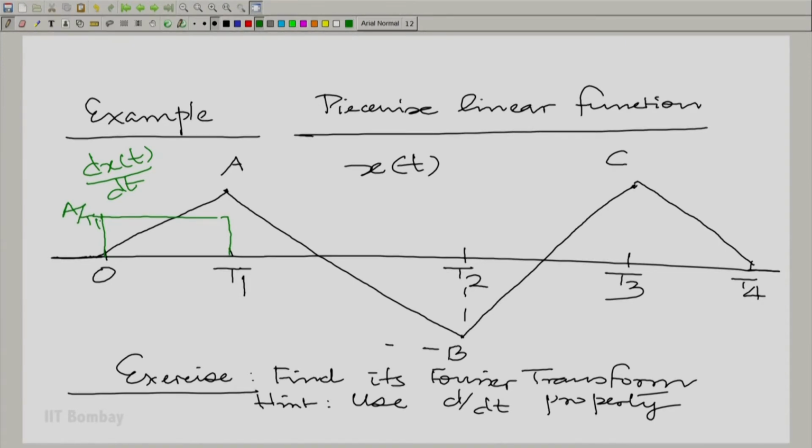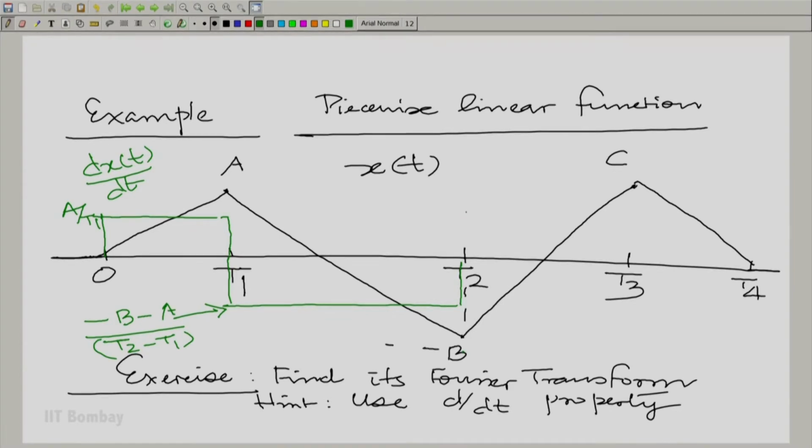Here this falls from a to minus b over an interval of t2 minus t1. So, you need a negative pulse here, and the height of this negative pulse is, well, you can say minus b minus a. You see, it reaches minus b from a, so it is (minus b minus a) by (t2 minus t1).